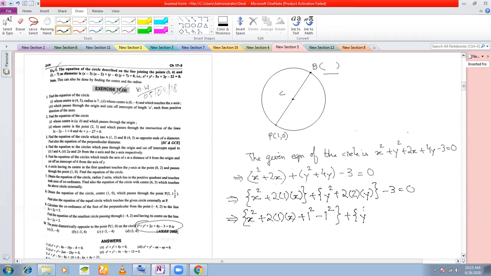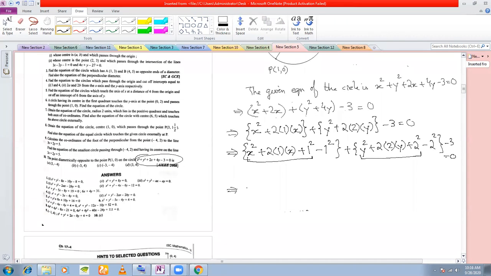Similarly here, the b square term is missing, so you add the b square term and you subtract it. Minus 3 equal to 0. Now this becomes your a plus b whole square, both of these. So you write this as x plus 1 whole square minus 1 square, which is 1, and you write this as y plus 2 whole square minus 4, minus 3 is equal to 0.